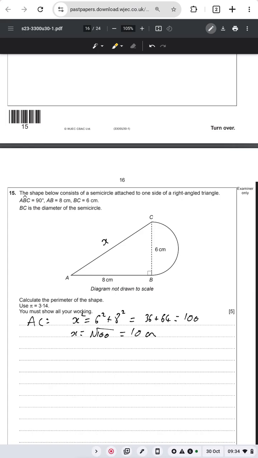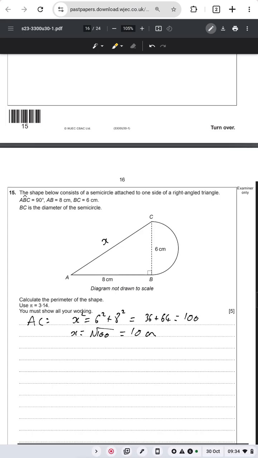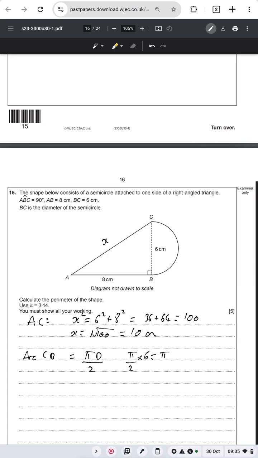So next up, we need to find the arc C to B, or B to C. So the circumference of a circle is pi d, but this is going to be pi d over 2 because we only are interested in half of the circle. So we have pi over 2 times by 6, which is the same as doing pi times 3.